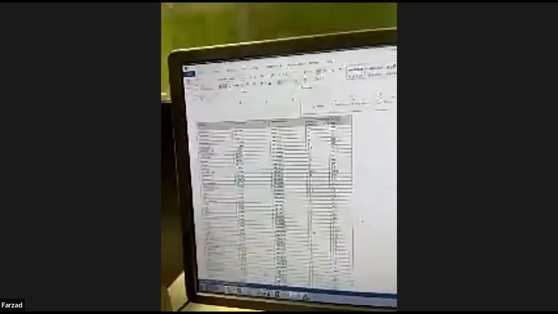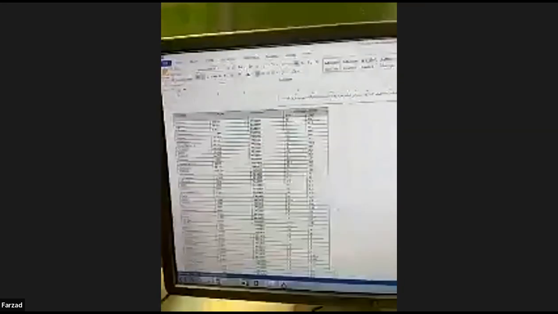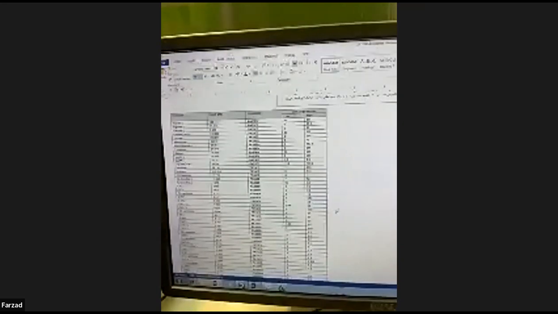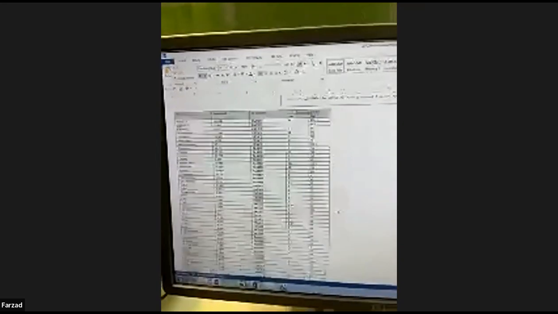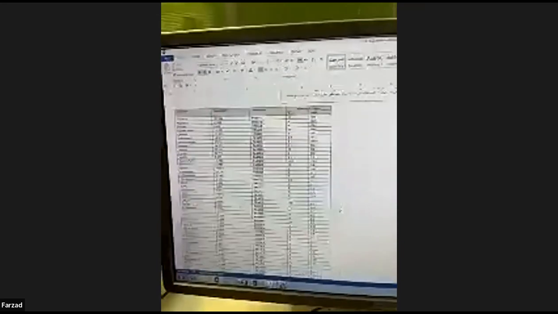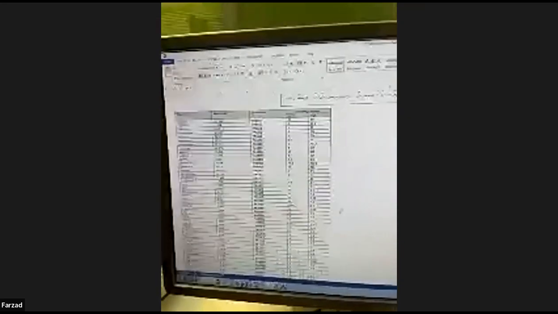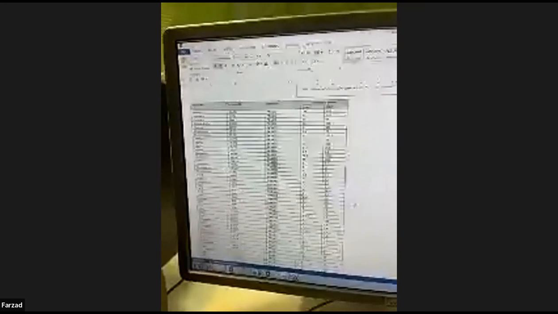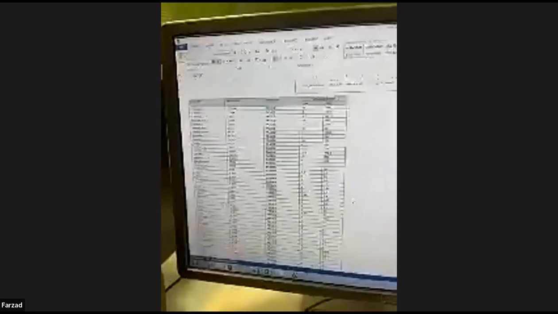So we have a software which is used for processing the data. That means it calculates all the area under the curve for the biomarkers and the labels. It compares them, uses an equation to calculate the concentration, and gives us the concentration of each biomarker.